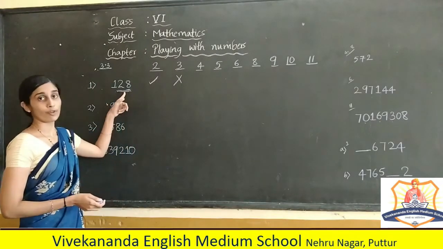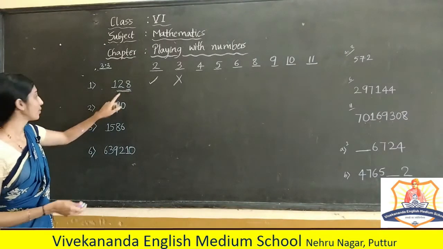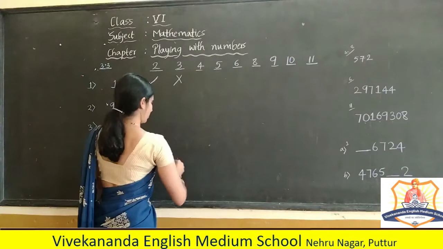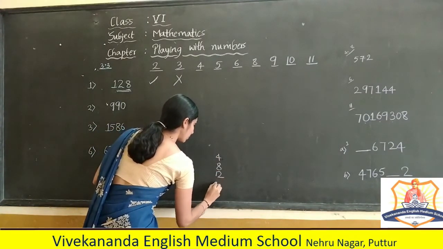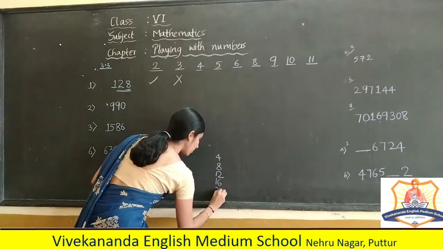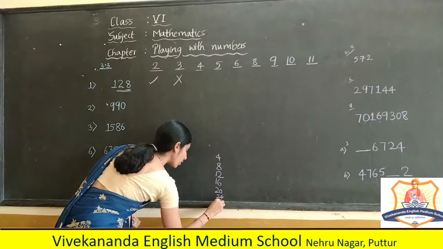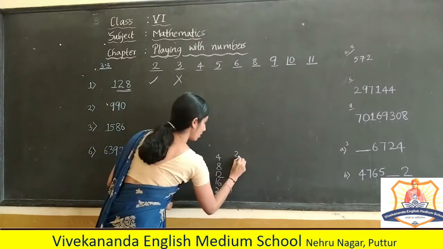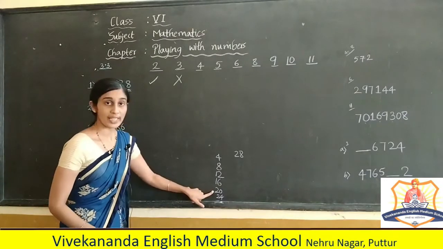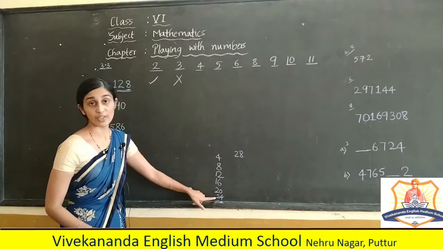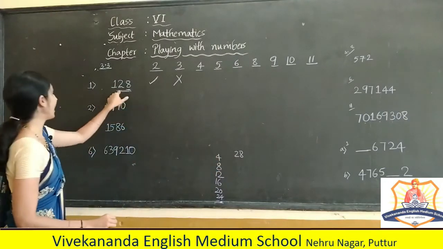Tell the table of 4. 4 ones are 4, 4 twos are 8, 4 fives are 20, 4 sixes are 24, 4 sevens are 28.